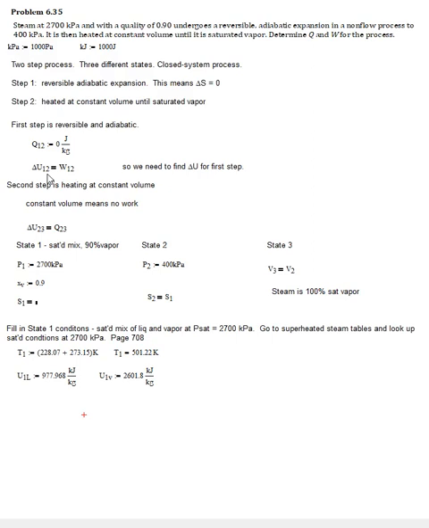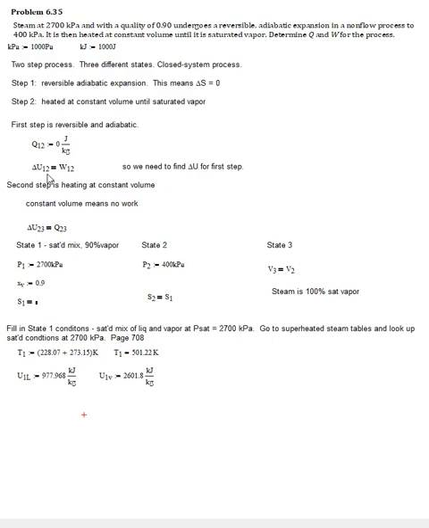The very next entry is a temperature of 230 degrees C and a pressure of 2797 kilopascals. And we've got internal energy for the liquid and the vapor at those conditions.